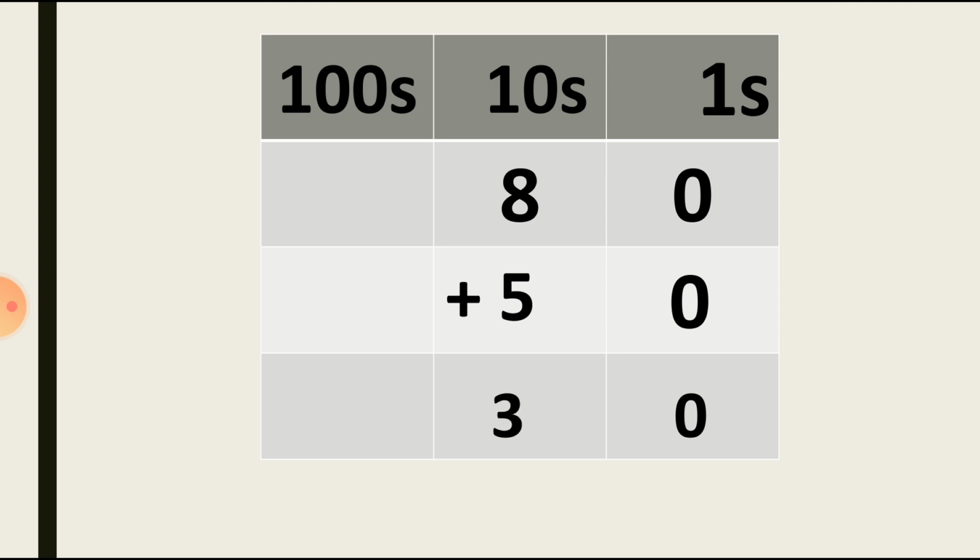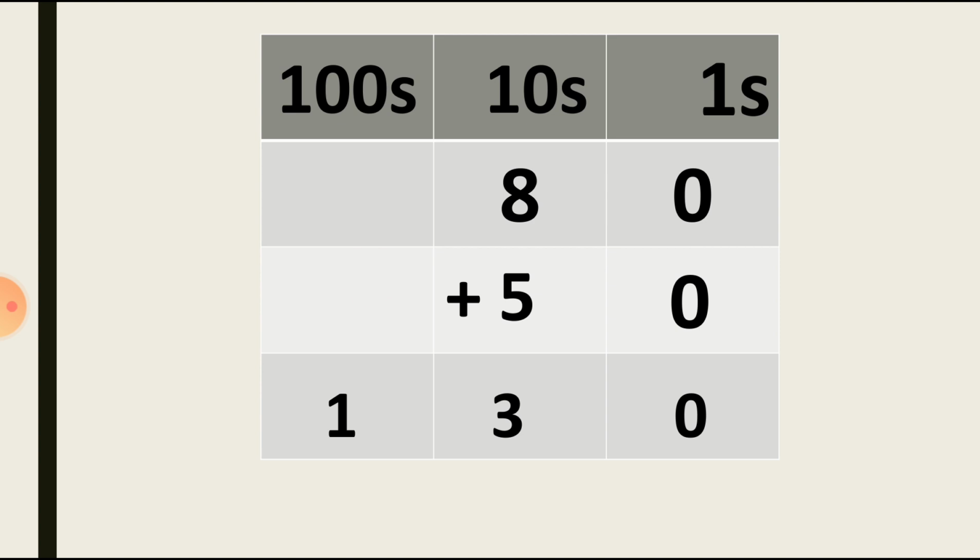We can write down number 3 under the tens column, and from this 13, the number 1 will move to the hundreds column as a carried forward number. I repeat, 8 plus 5 is equal to 13. The number 1 will move to the hundreds column as a carry forward number.